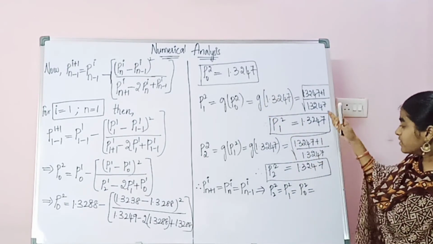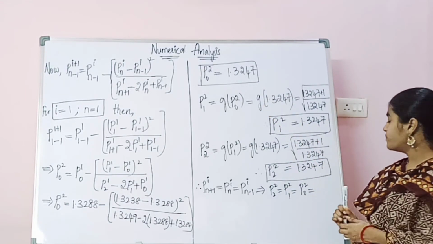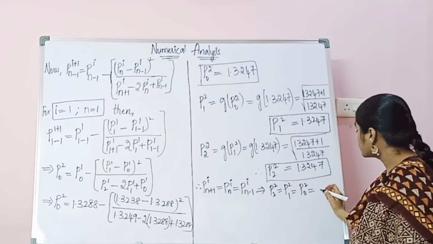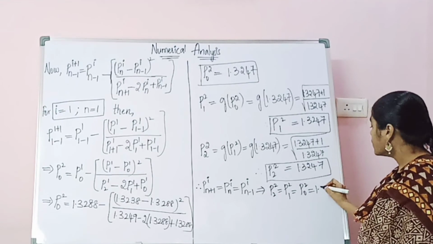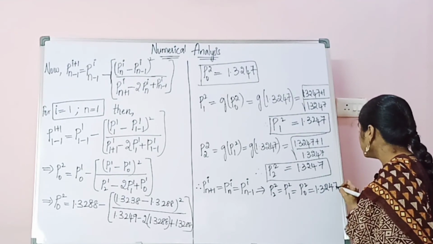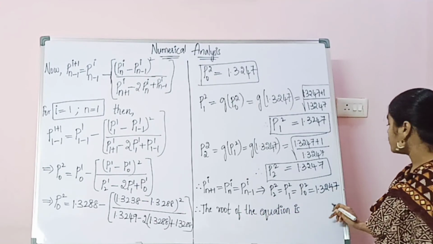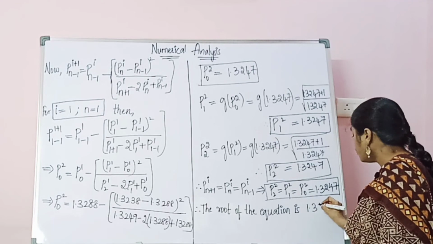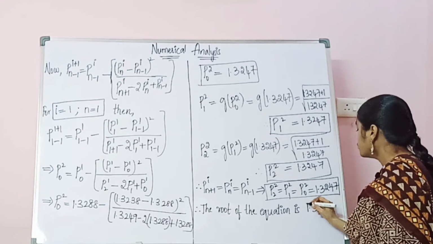So these three values are equal. Therefore the root of the equation is 1.3247.